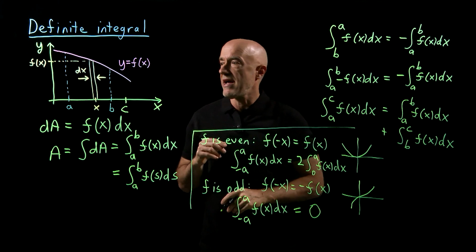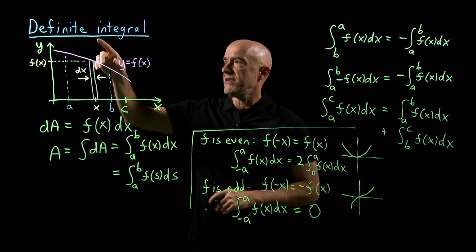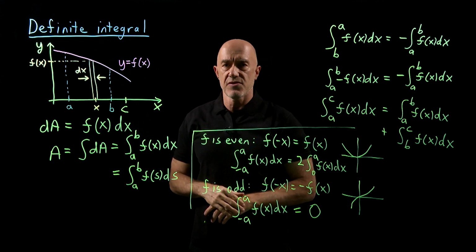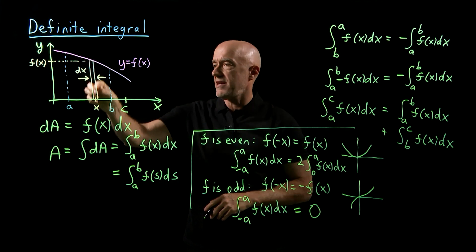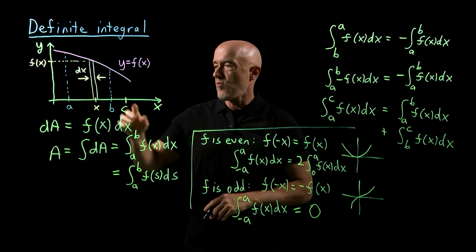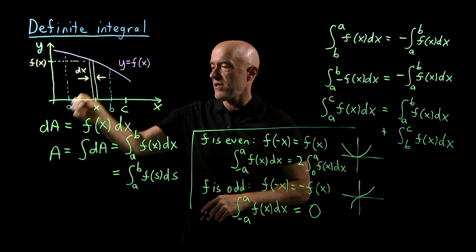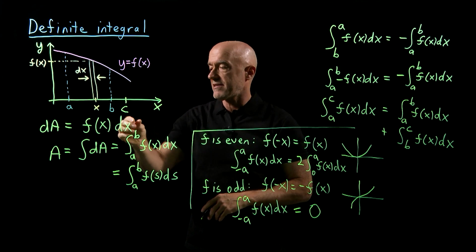So let me summarize. I'm explaining the definition now of a definite integral. We defined it as adding up all of these infinitesimal rectangles under the curve. We can write one infinitesimal rectangle as dA equals f of x dx.